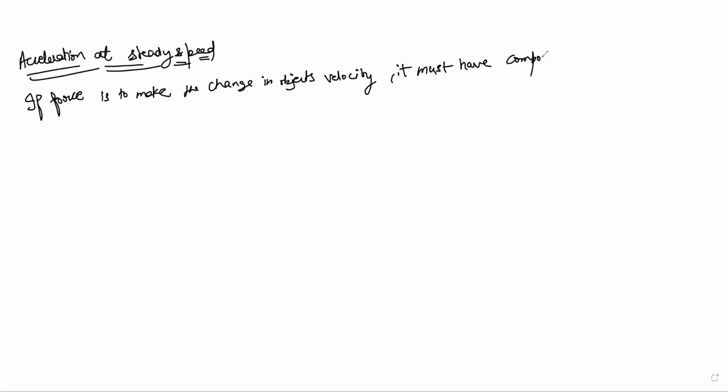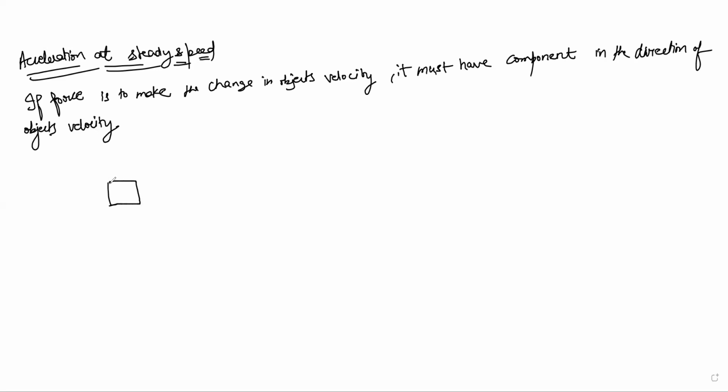So if force is to make the change in object's velocity, it must have a component in the direction of object's velocity. Only then it can bring a change.